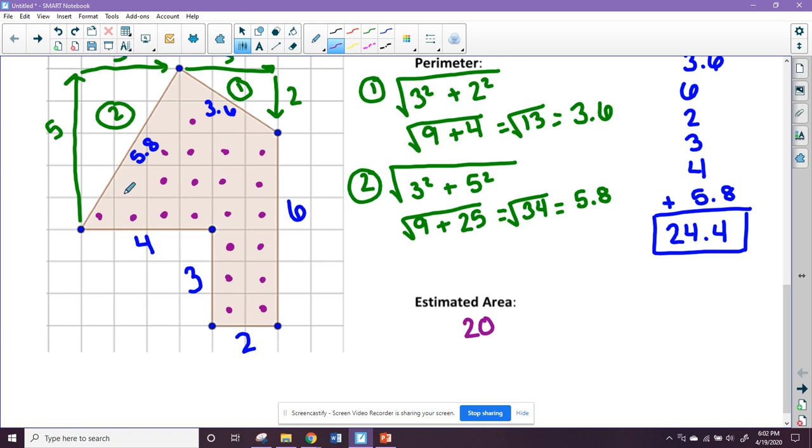So this and this one look about the same. If you were to put them together, it would make a whole. So we're going to have one here. This is missing a little piece, and then that has a little piece. So there's another whole. Remember, it's still an estimation.